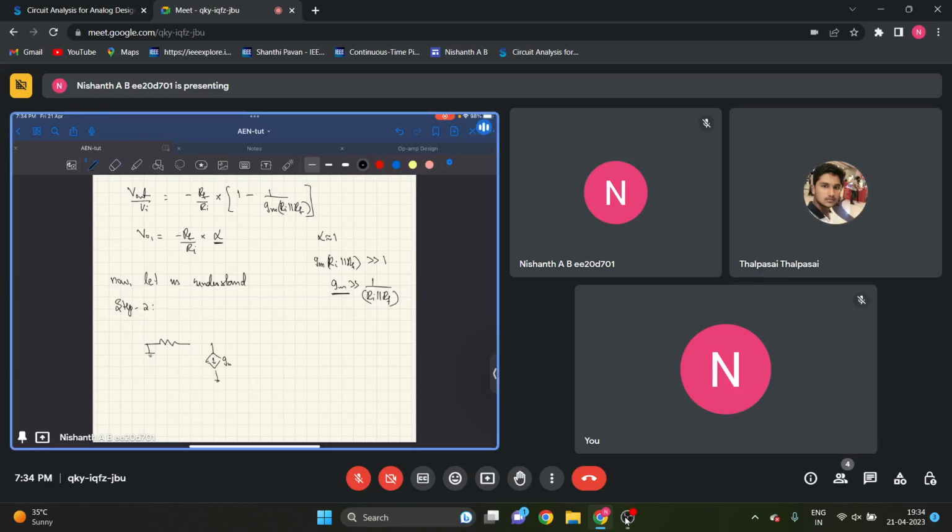This is Gm Vx. This is Rf, Ri. We have to inject a current Gm3 Vx cube, right? Yes, sir. And find out Vo3. This will be Vo3. Correct? Yes, sir.